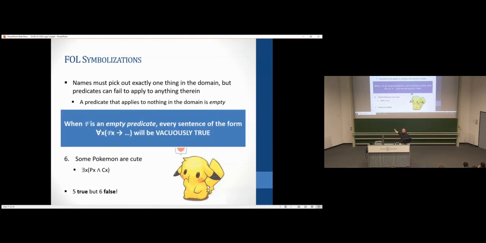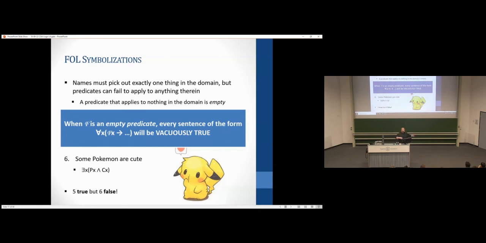So here's the neat lesson here. If we have an empty predicate, that is, a predicate that doesn't apply to anything in the domain, then every sentence like this will be vacuously true. And that is, it's true because there's nothing that satisfies the antecedent. Yes.